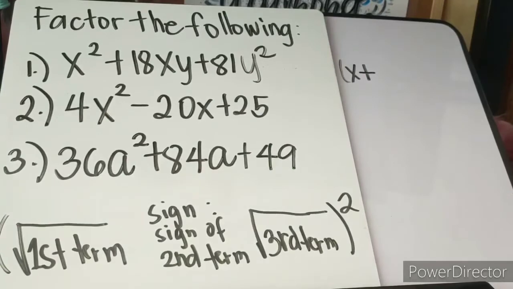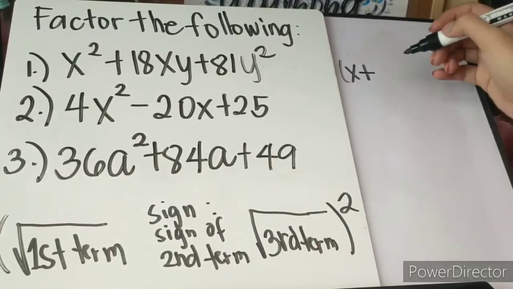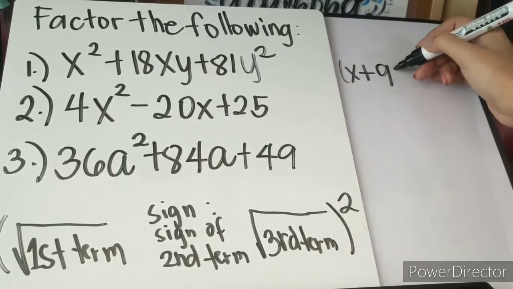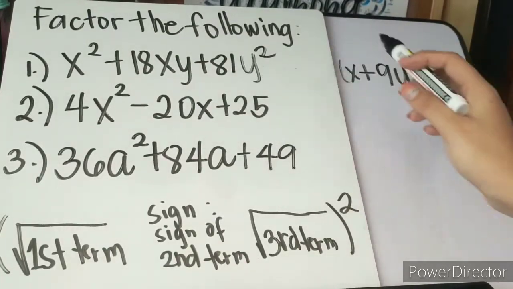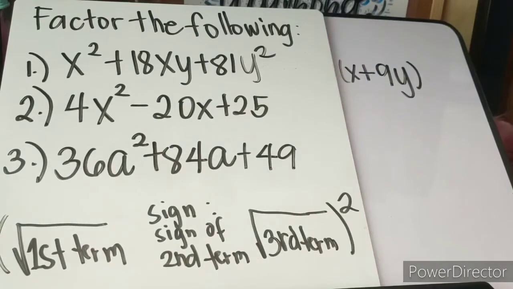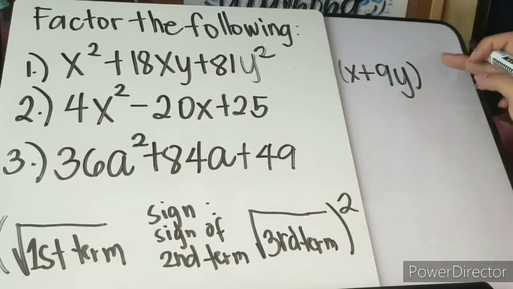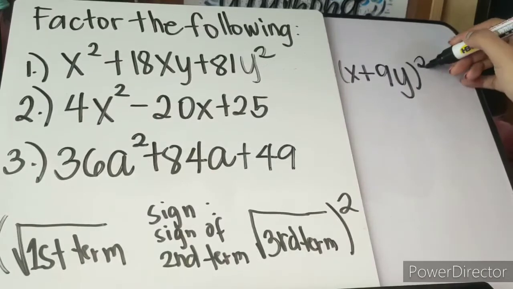So, plus lang yan. And then, square root ng 81y squared is 9y, kasi 9 times 9 is 81 and y times y is y squared. So, that is the factor. And then, pwedeng dalawang ganito isusulat natin or just put a square.